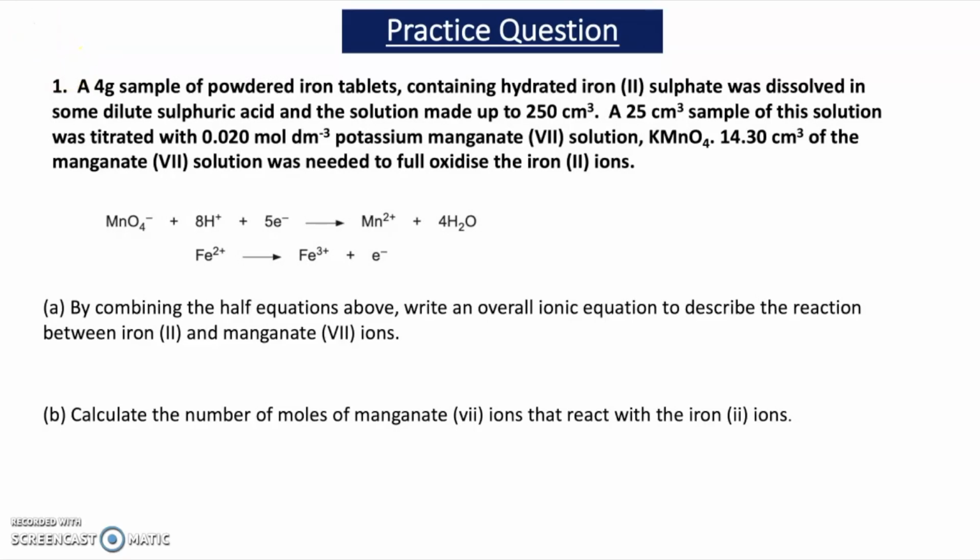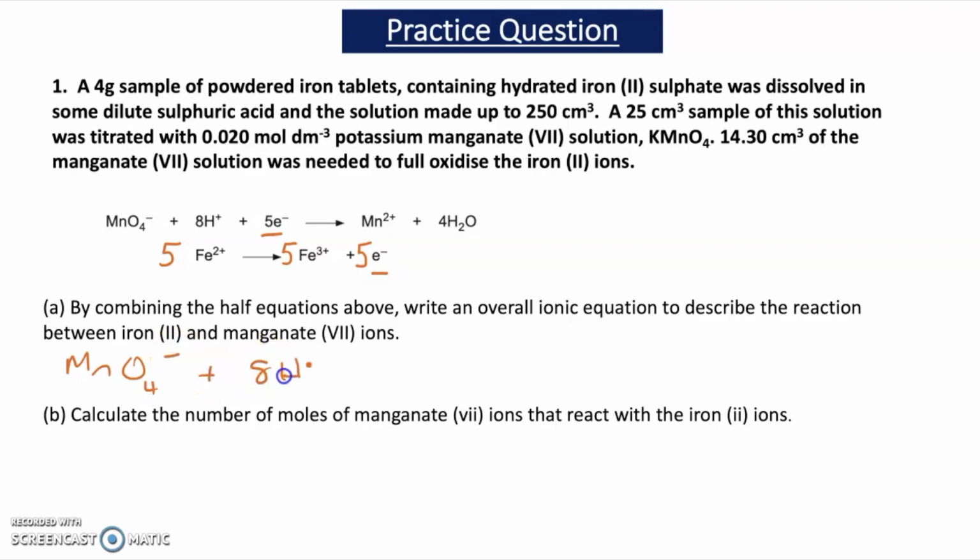Now the first question here, part A, is asking you to combine the half equations above to write an overall ionic equation. So remember, we have to have the same number of electrons in both half equations, so we times the bottom equation by 5, and then when we add them together, the electrons will cancel out.